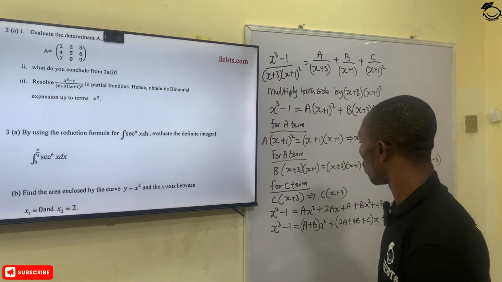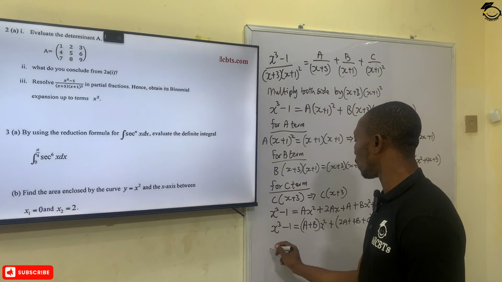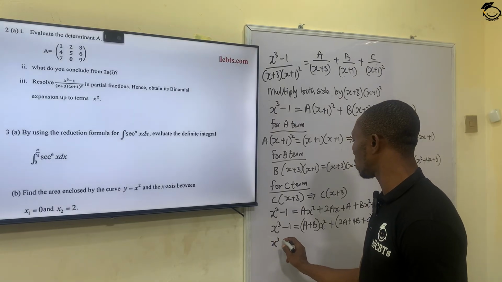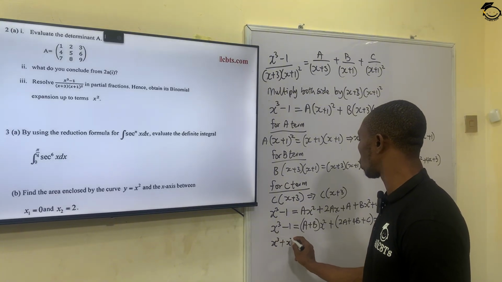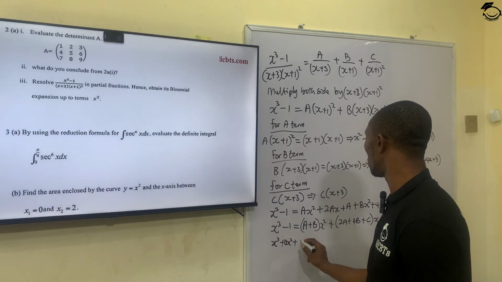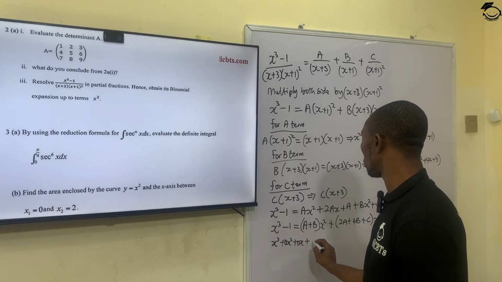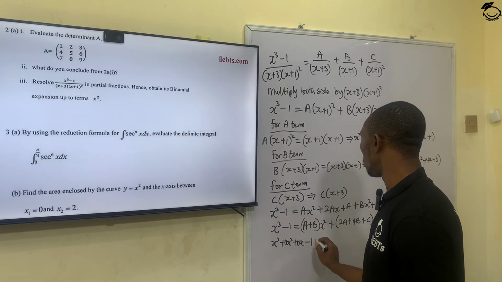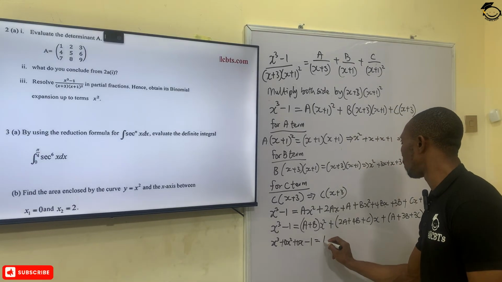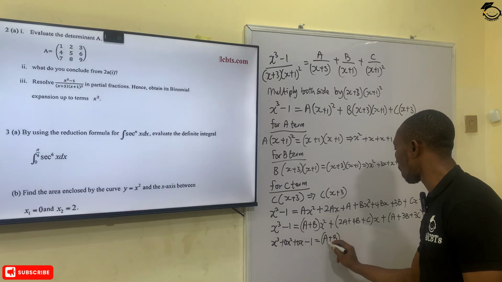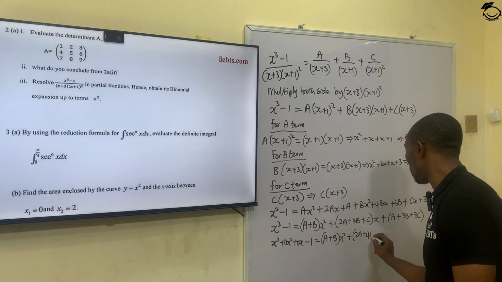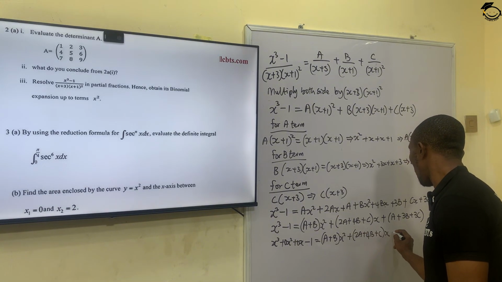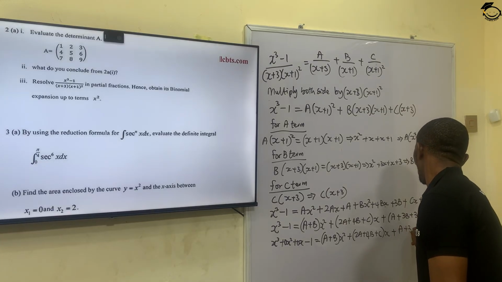Now, from here, on our left-hand side, we know that we have x cubed, plus x squared, which is 0, plus x, which is 0, plus minus 1, which is a constant, equals A plus B x squared plus 2A plus 4B plus C x plus A plus 3B plus 3C.